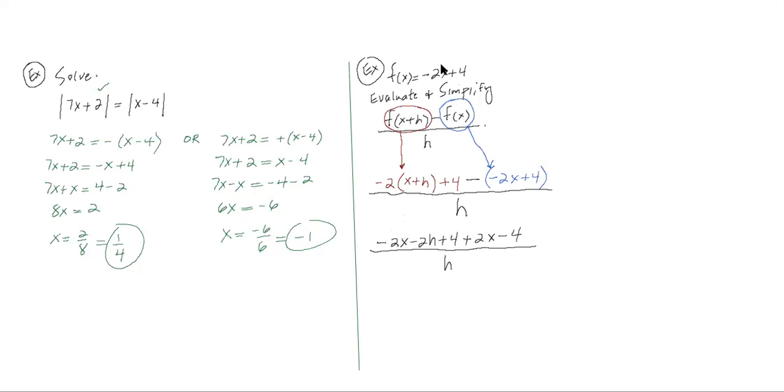And so you can combine those two equals 0. You can combine those two equals 0. What is left on the top is negative 2h only. H in the bottom. Now you can cancel those h's out. See, so it is done. We are done with simplifying, and our final result is negative 2.